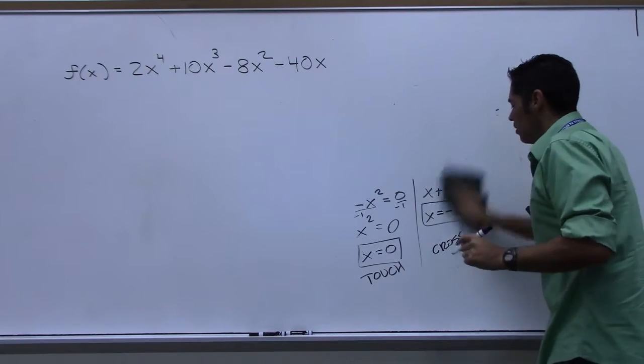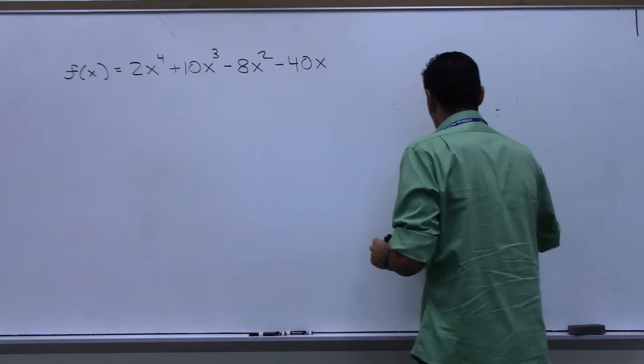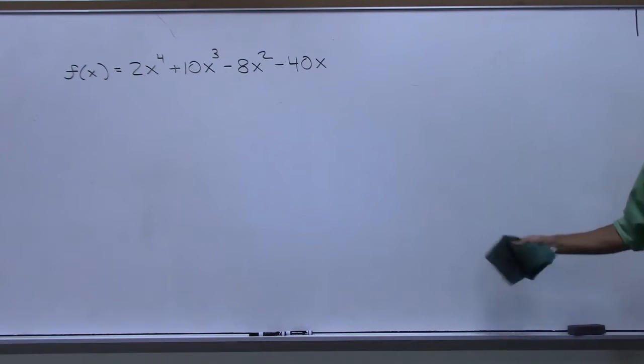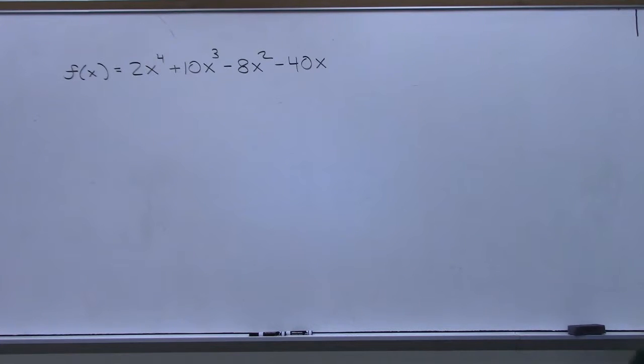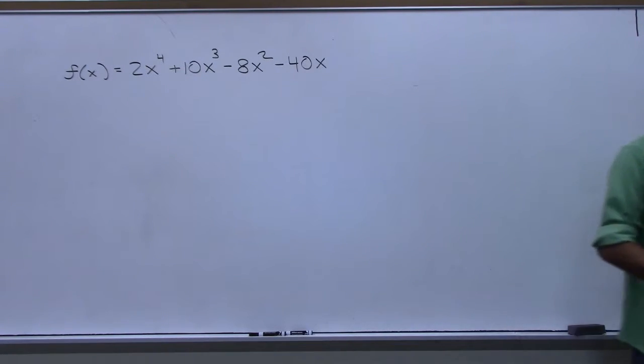So the first thing I'm going to do is make sure I'm looking at a polynomial function. Am I looking at a polynomial function? All right. Then I'm going to look at the left and right-hand behavior. To do that, I'm going to look at the degree and the leading coefficient. I want you to do that yourself.